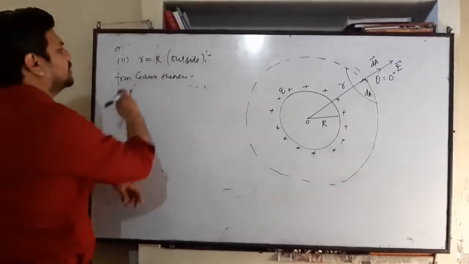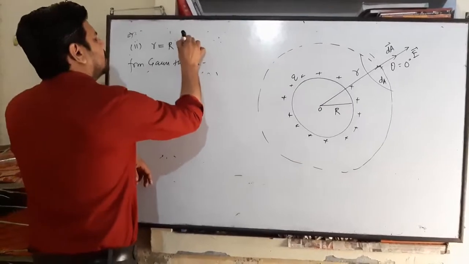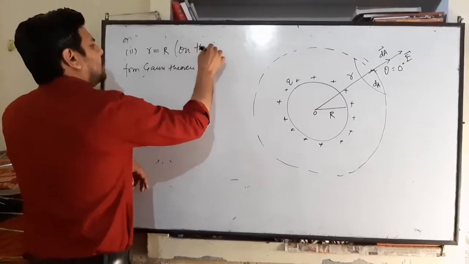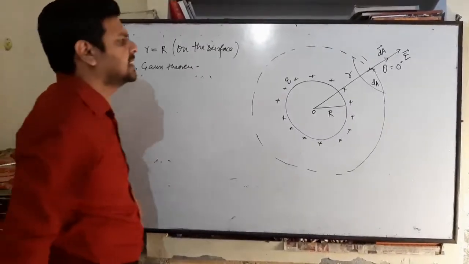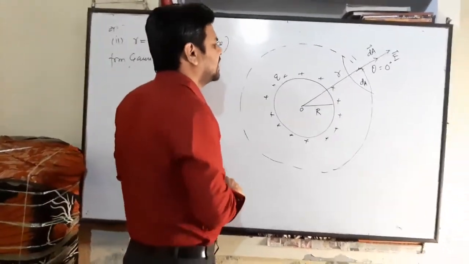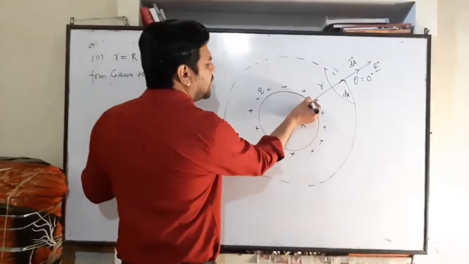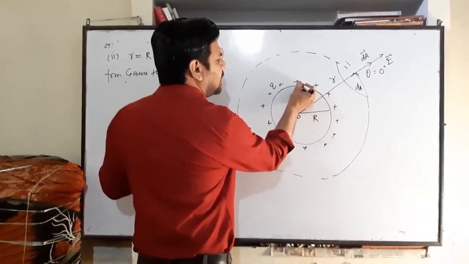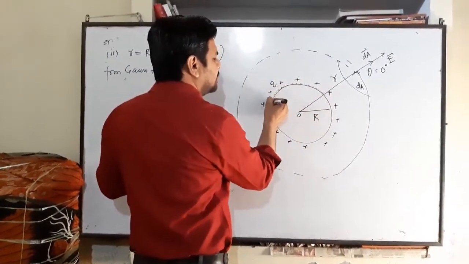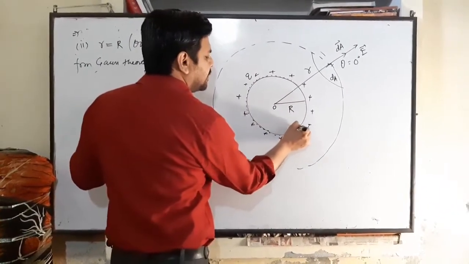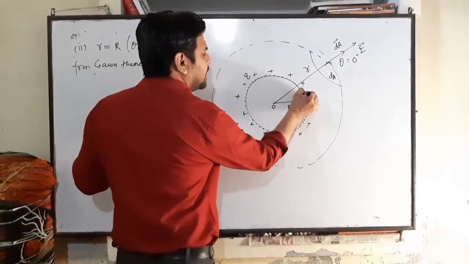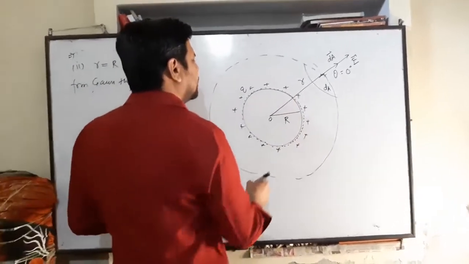Now the observation point lies on the surface of this spherical shell. So again we have to draw a Gaussian surface which has the same radius as the spherical shell.